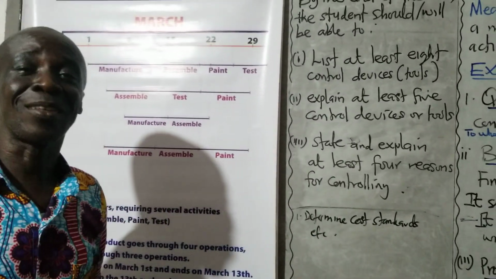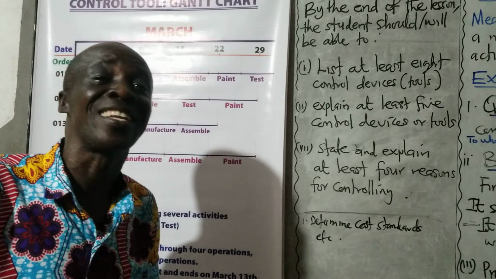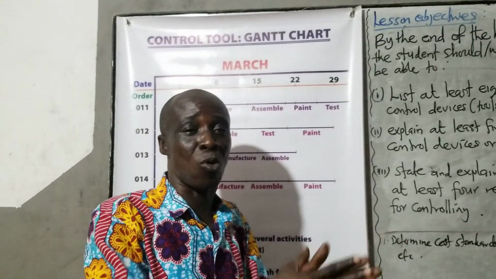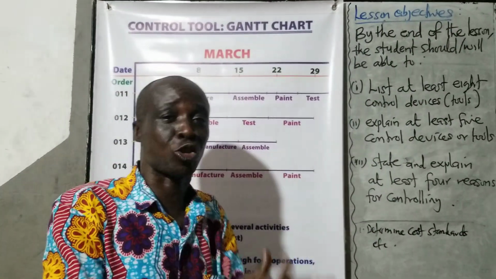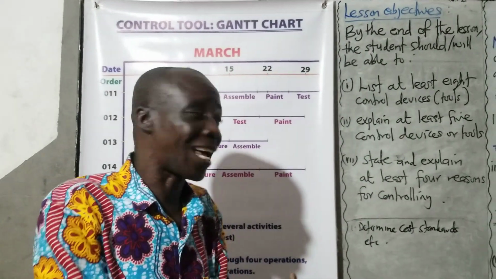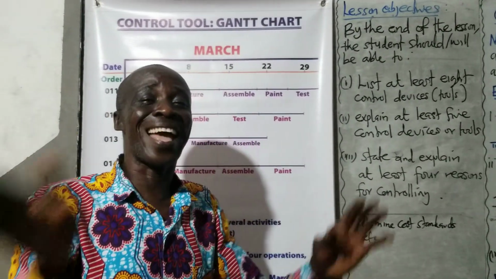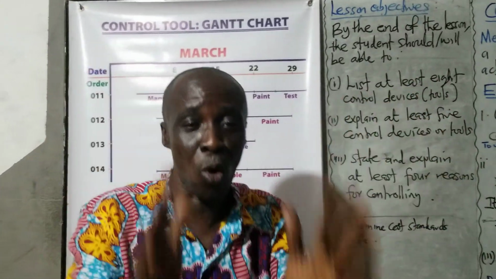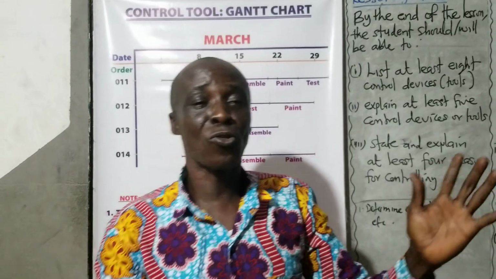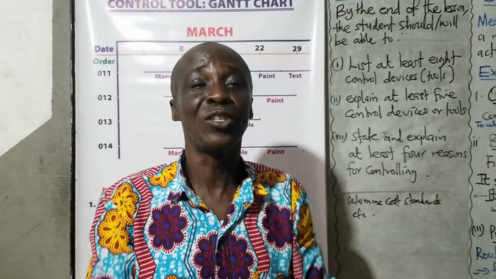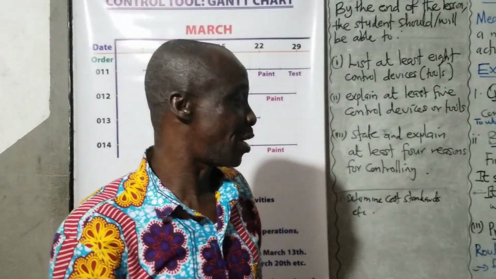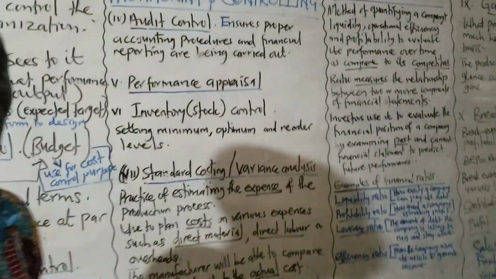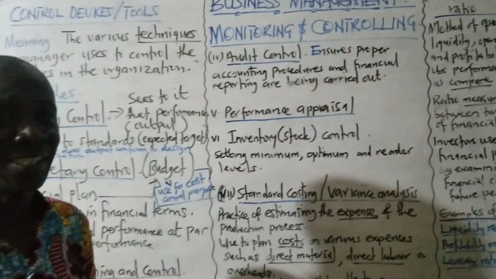Then the second step will be measuring the cost. You measure the actual cost. Then you compare the actual cost with the standard cost. When you compare and there's any deviation, you take the necessary corrective measure. So that is for standard costing or variance analysis.